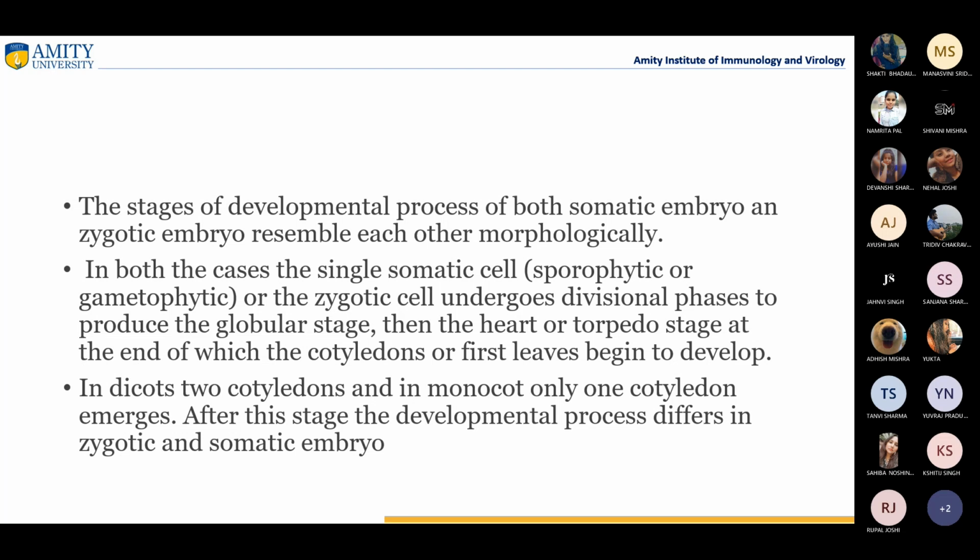At the end, cotyledons or first leaves begin to develop. These are similar in both cases. In dicots, 2 cotyledons emerge, in monocots, 1 cotyledon. After this stage, the developmental process differs in zygotic and somatic embryos. Up till this stage, the process is similar.